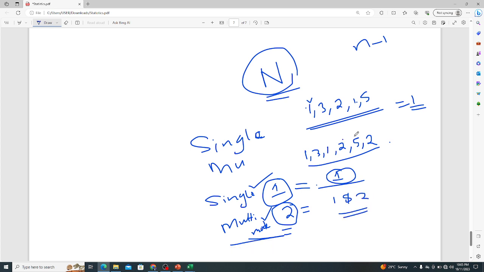Why? Because 2 is also occurring 2 times. So in case you have this value and you are told to find a single mod, then the first occurring value will be your mod. In case you are asked about multiple mod, then the two values.